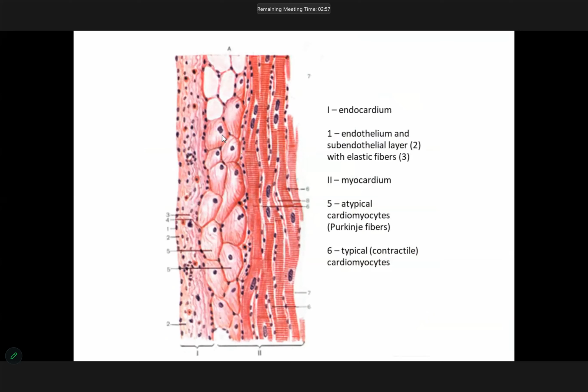This is the picture of it. Endocardium, myocardium consisting of working cardiomyocytes, and this is the so-called Purkinje fiber. This is the elongated structure consisting of several conducting cardiomyocytes. They are elongated with scattered myofibrils in the periphery, and they are rounded, unlike elongated working cardiomyocytes.